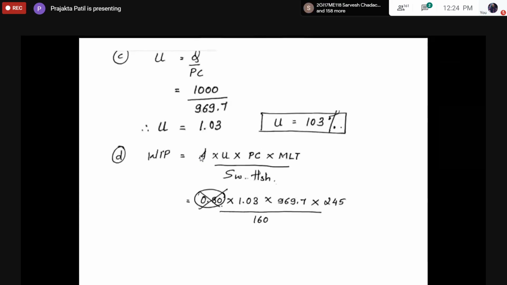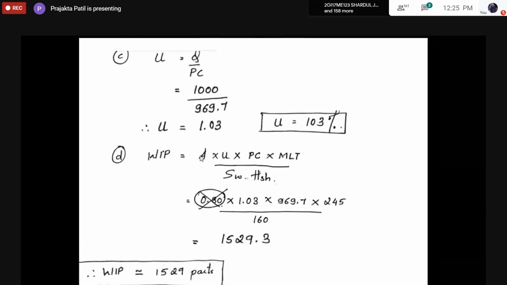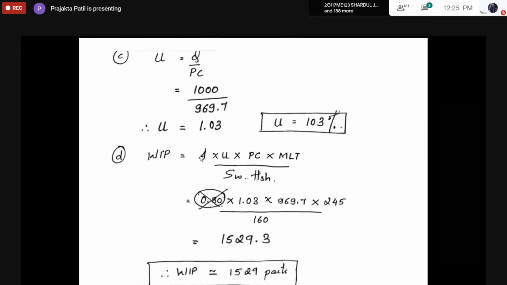So what is the work in process you get here? 1529.3. Yes. Work in process is 1529.3 parts.